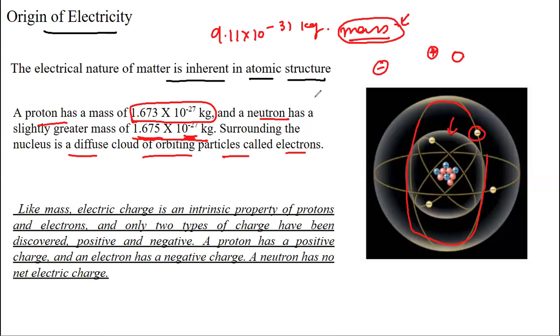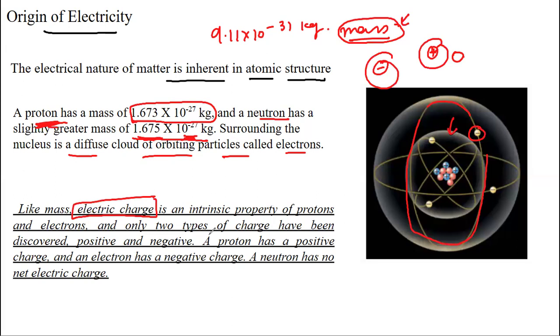So as we are talking about mass, as mass is an inherent or intrinsic property of this atom, similarly electric charge is also an intrinsic property, because these particles have these charges, like proton carries plus charge, electron carries negative charge. So this is the intrinsic property, the electric charge.